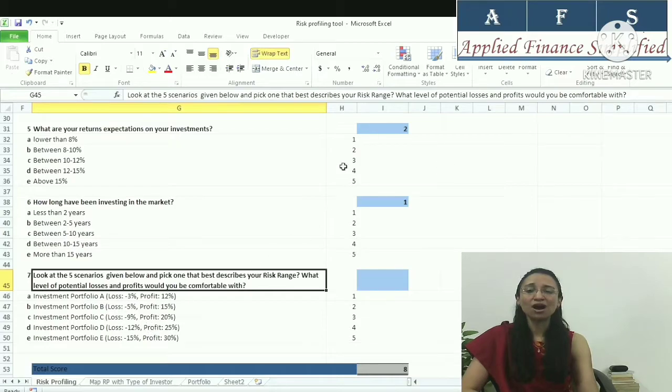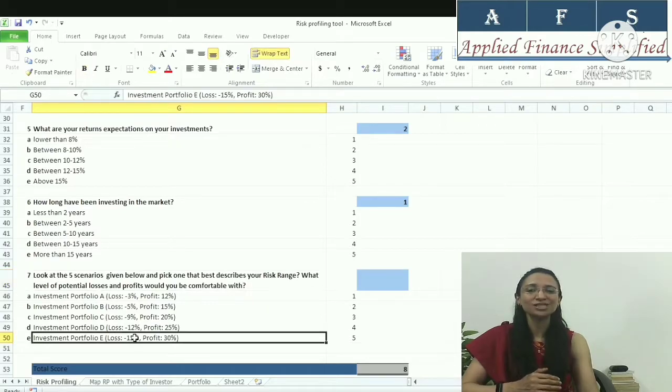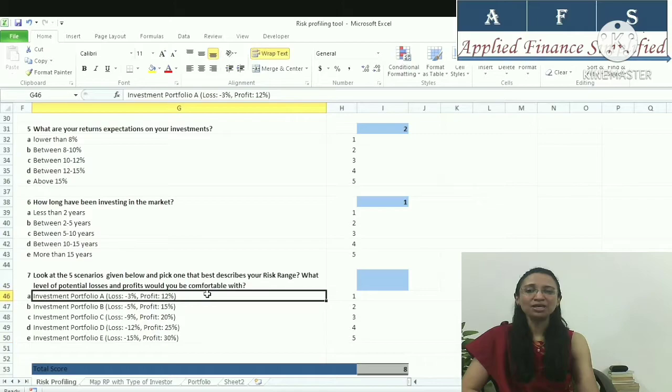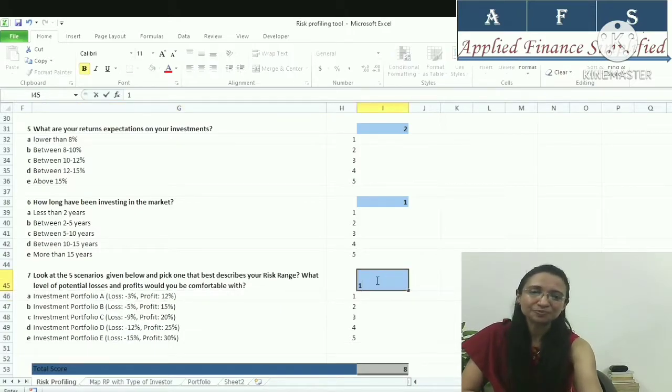Let's say you are an investor who likes risk taking and you can bear up to 50% of loss during bad times and want capital appreciation up to 30%, then you will select investment portfolio E. But since Mr. Raj is a risk-averse investor, he will be happy taking only minimal profit along with a minimal loss. So we will score him 1.